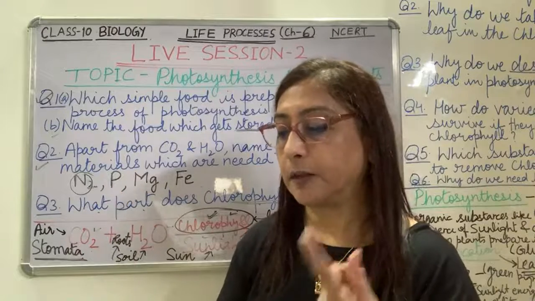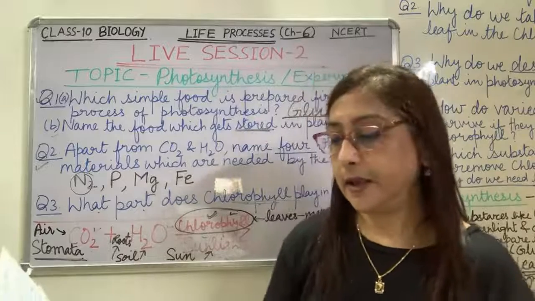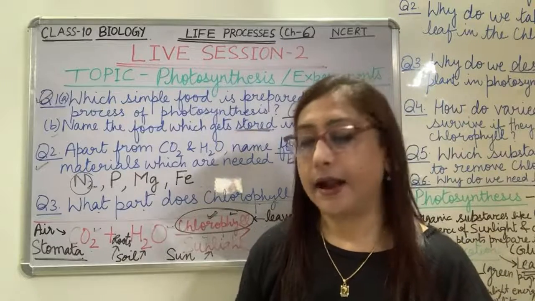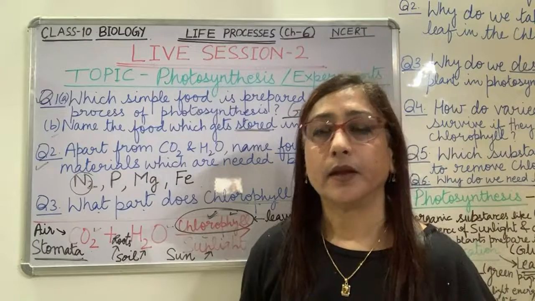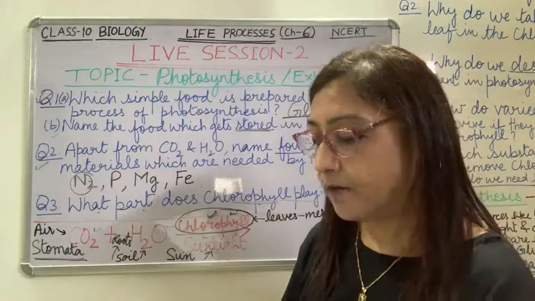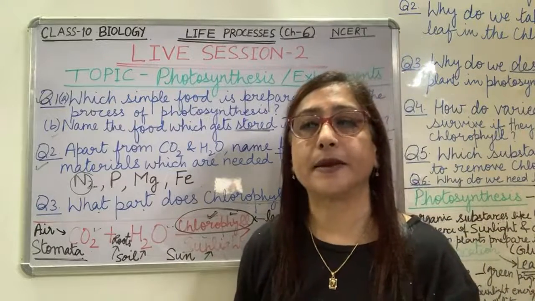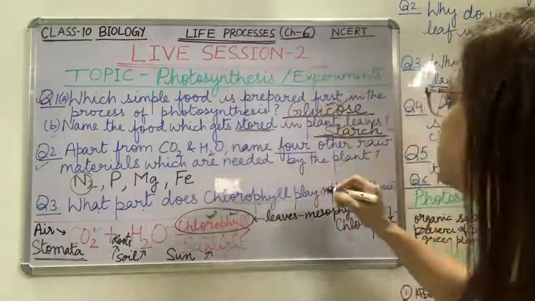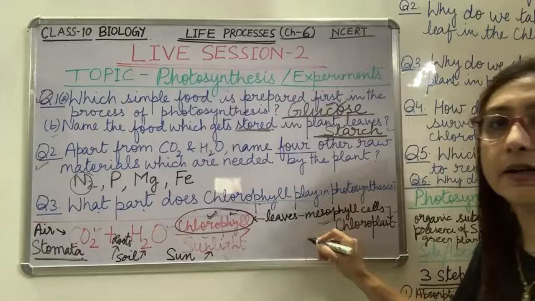The organelle of the plant cell in which photosynthesis occurs is the chloroplast. And where exactly is this chloroplast present? This chloroplast is present in the mesophyll cells of the leaf.